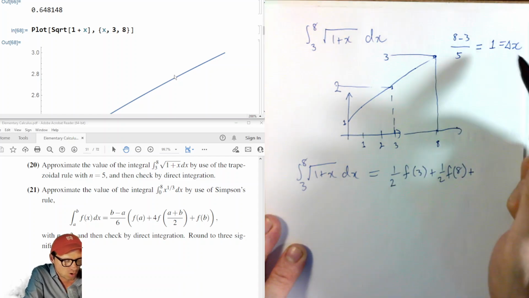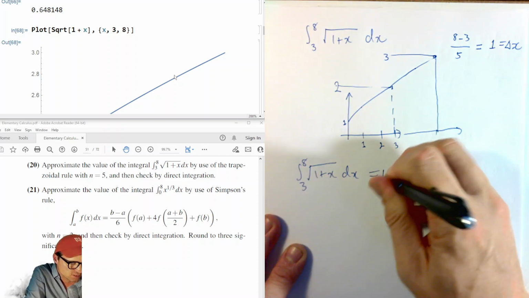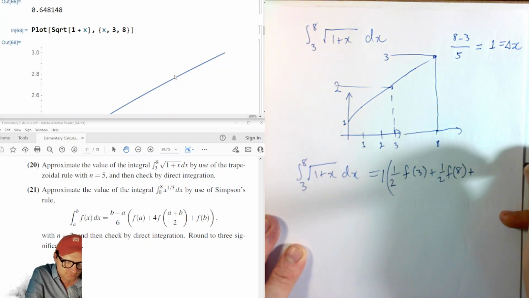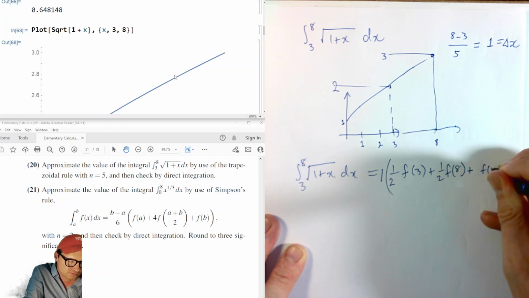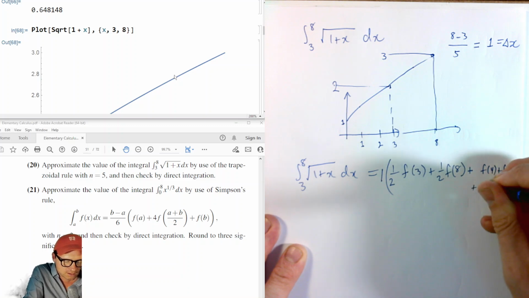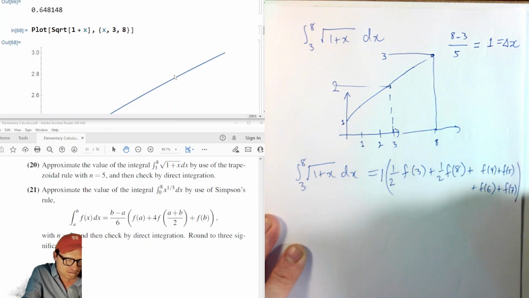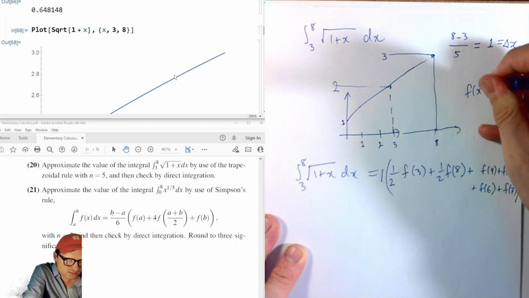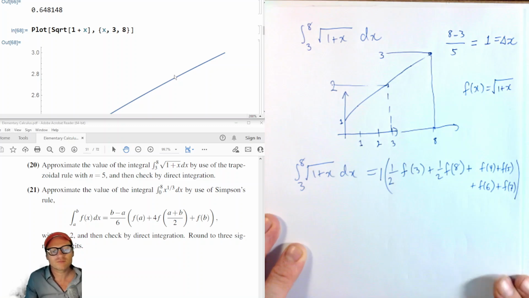All right, and then that all gets multiplied by delta x. So 1 outside of all of this, but inside here we have f of 4, f of 5, f of 6, and f of 7. Okay, where f of x is equal to the square root of 1 plus x.